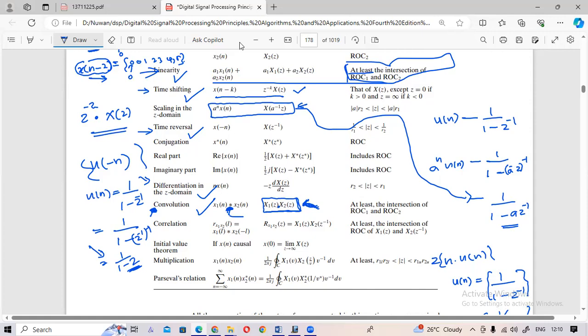Please wait. 2 into half is 1. Half into half is 1/4.